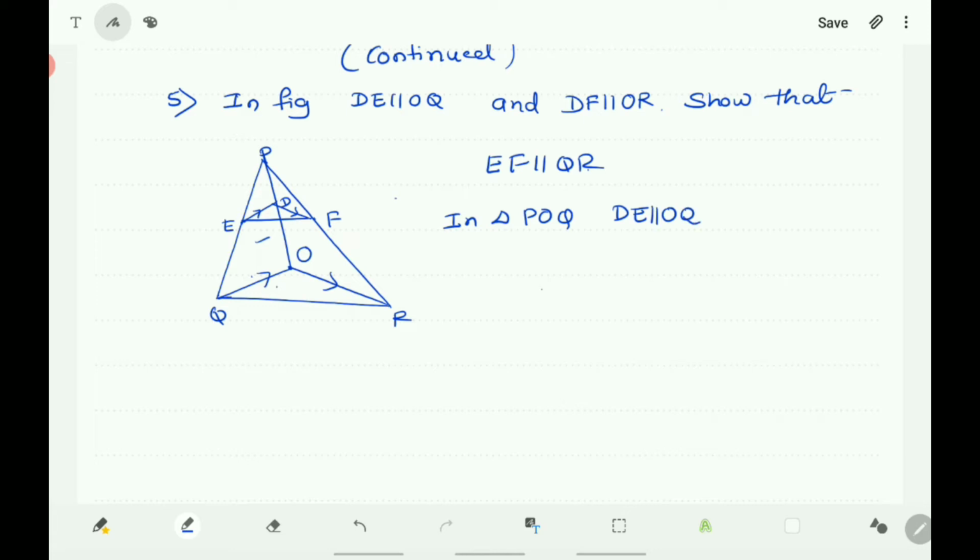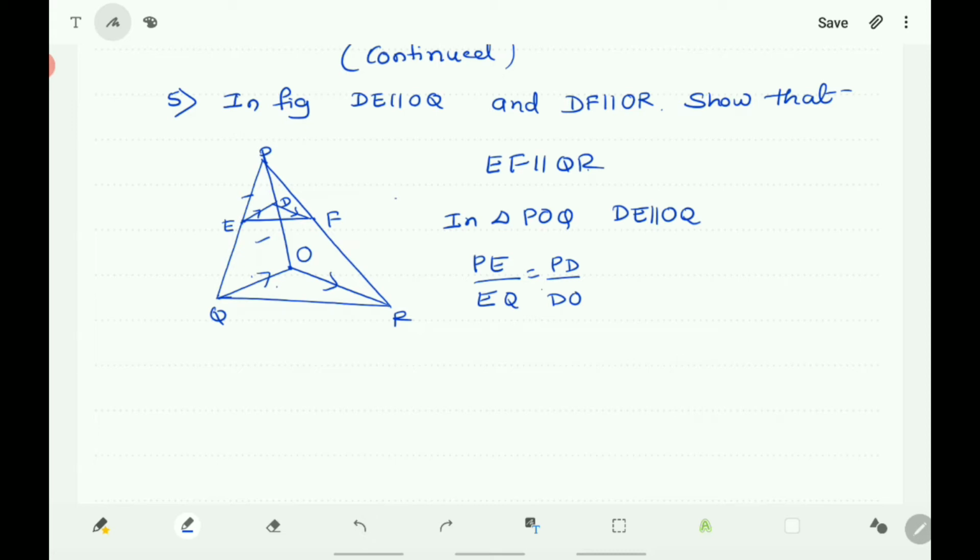So with the help of the Thales theorem, you can write that the sides PQ and PO are divided in the same ratio. So you write PE by EQ is equal to PD by DO.